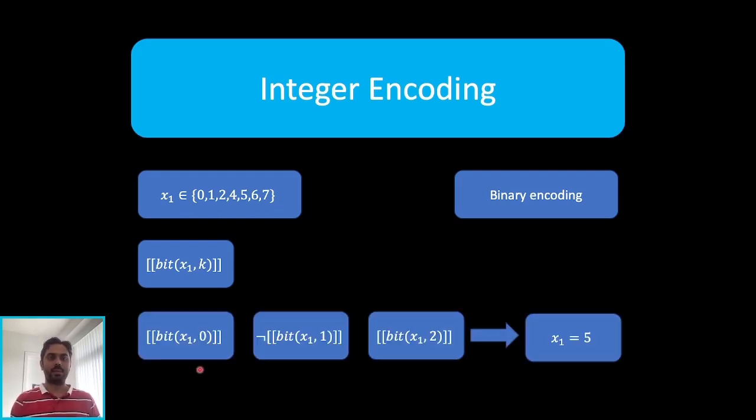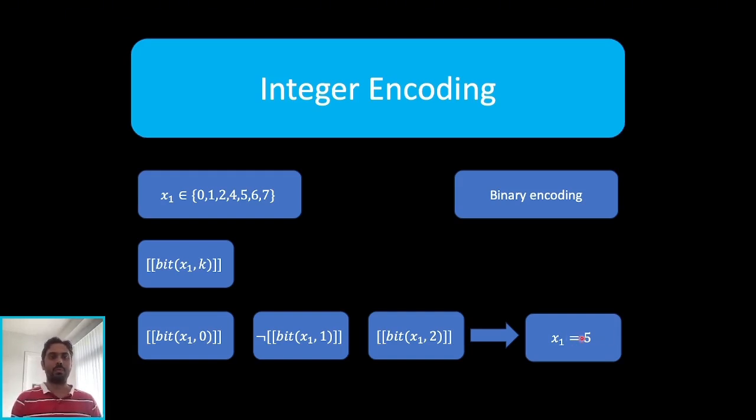For example, if the 0th bit is on, the first bit is off, and the second bit is on, then that would mean that x1 is equal to 5, right? Again, all these comparisons and other things can be done just like in the order encoding as well. It's a bit non-trivial, but it's very much possible.